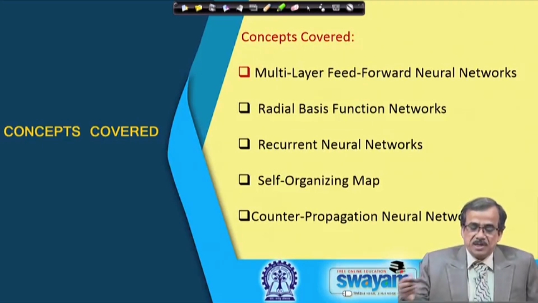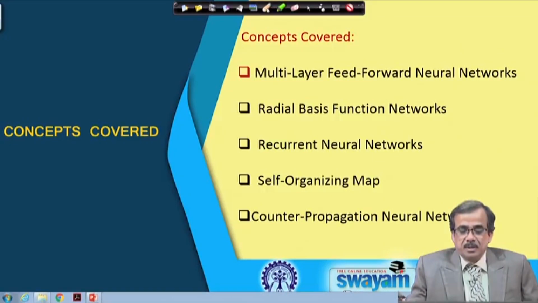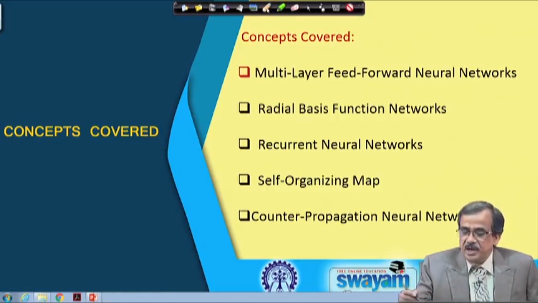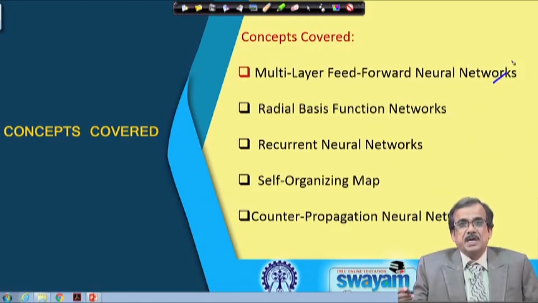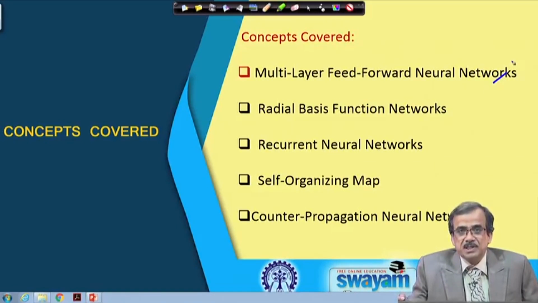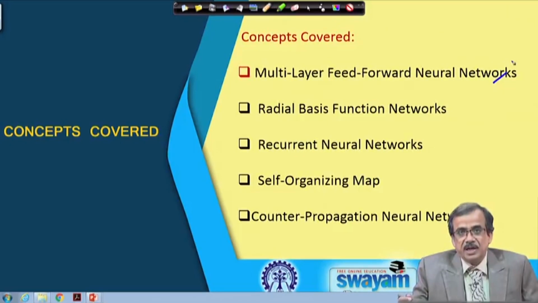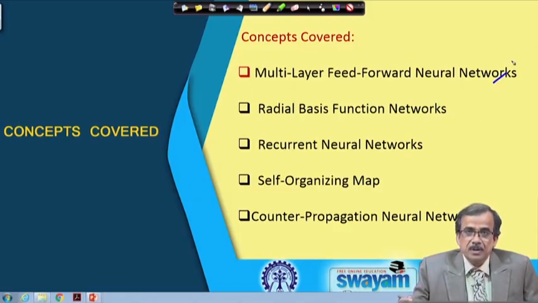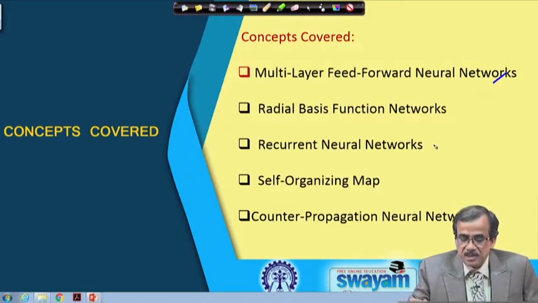Now, these networks are as follows. We are going to discuss the principle of multi-layered feed-forward neural networks. Then we are going to concentrate on radial basis function networks. After that, we are going to concentrate on how to include the feedback circuit along with the feed forward circuit to develop the most popular, that is the recurrent neural networks.